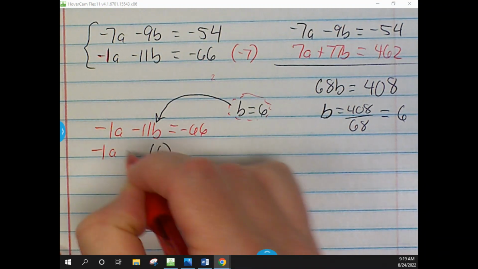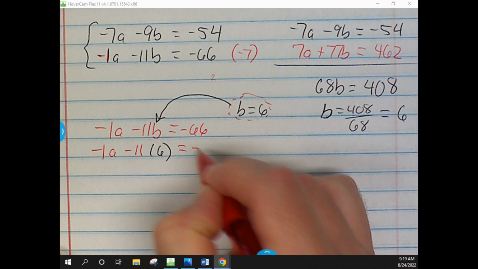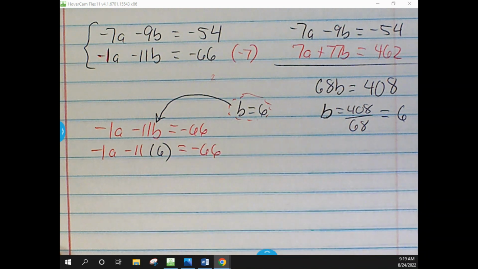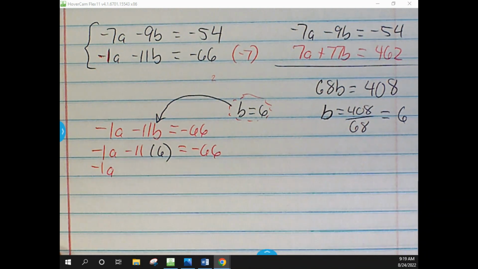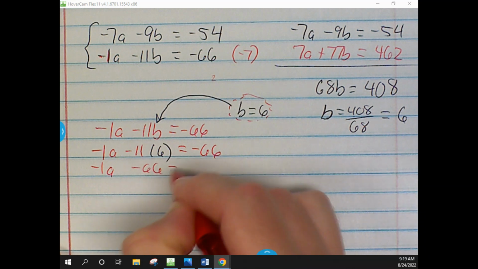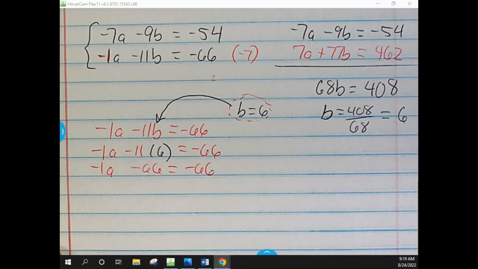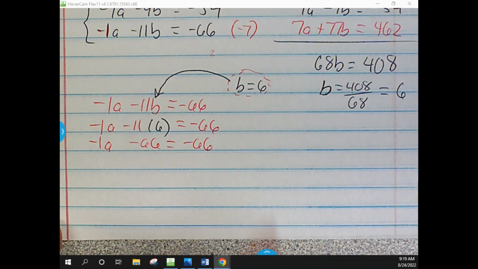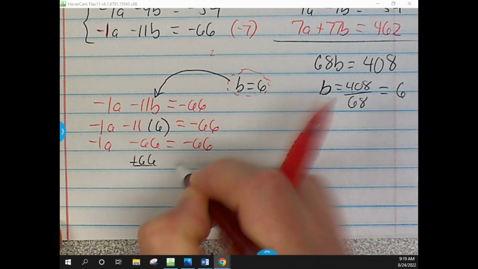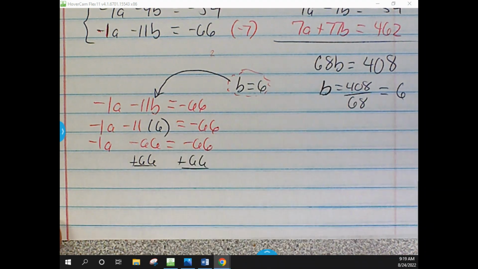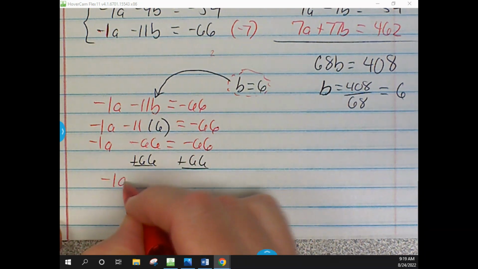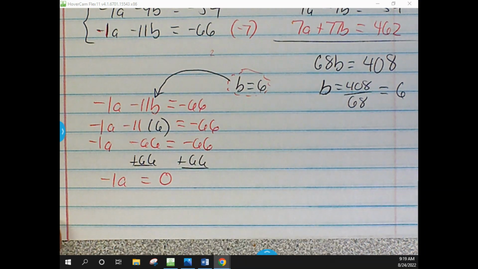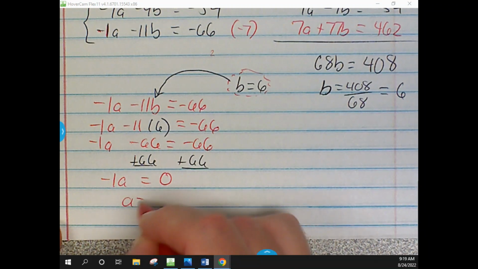So -1a minus 66 equals -66. And if we add 66 to both sides, we get -1a equals 0. And the only thing you can multiply to get 0 is 0.